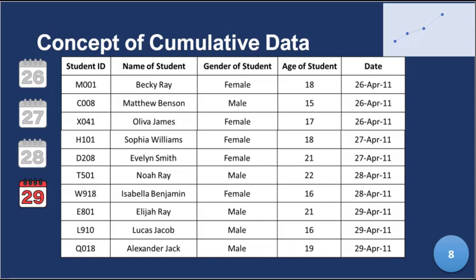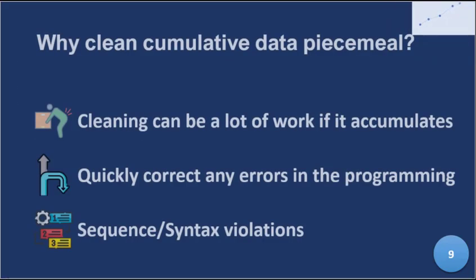So why is the concept of checking and cleaning data piecemeal better? That is, when data was collected on the 26th, why is it good to check? It's good to check because it can be a lot of work. The second reason is that if there are any errors in the way data was collected or captured, they can be corrected.